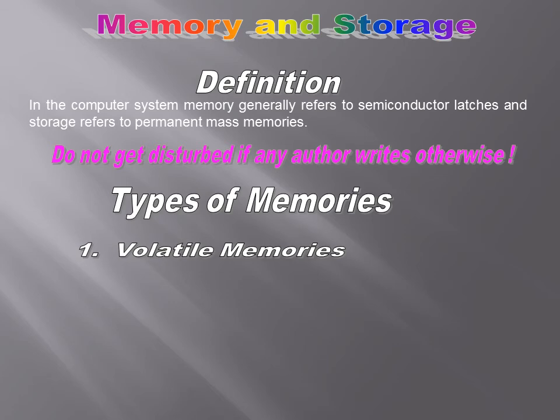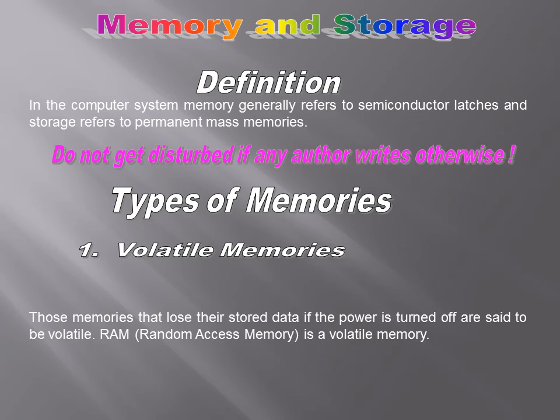Types of memories. First one, volatile memories. Those memories that lose their stored data if the power is turned off are said to be volatile. So RAM is such a type of memory. Random access memory is a volatile memory.